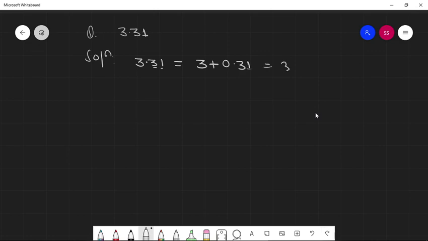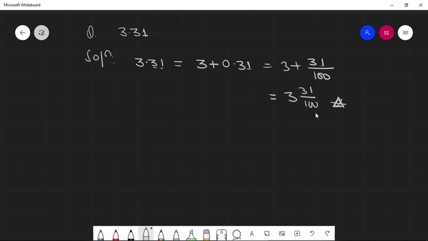So you can write 3 plus 31 over 100. We cannot divide 31 by 2, 3, 4, 5, or any such numbers. So simply you can write 3 and 31 over 100. This is itself the simplest form.